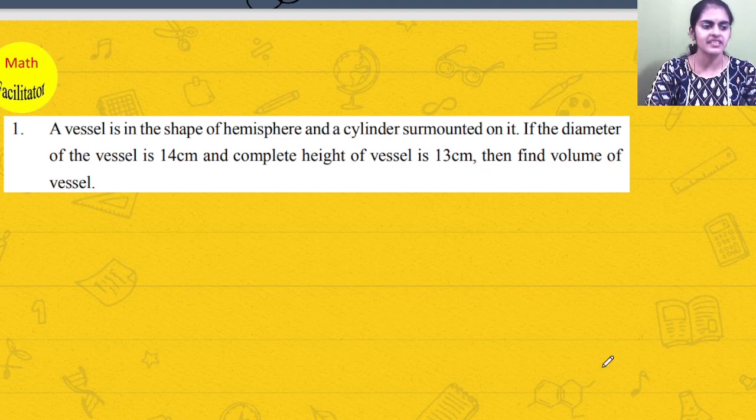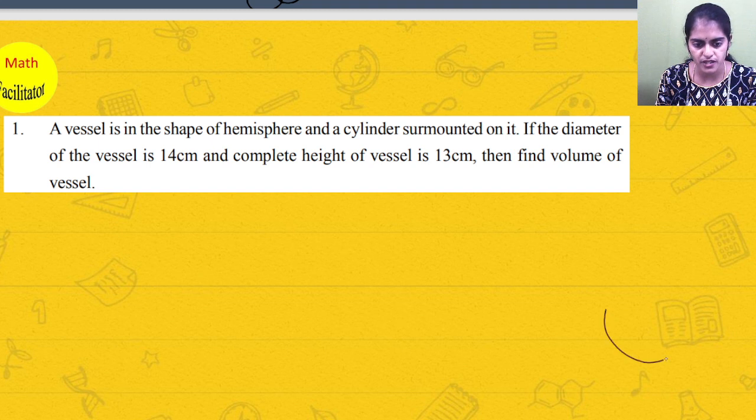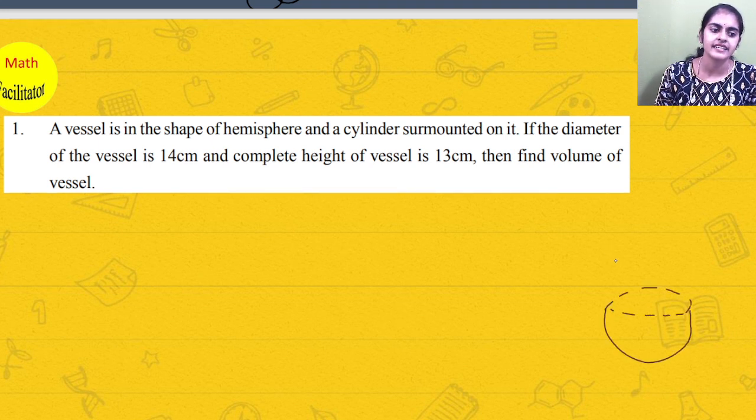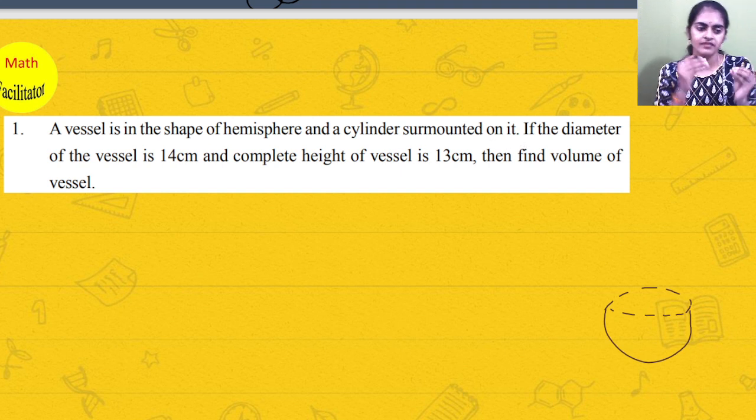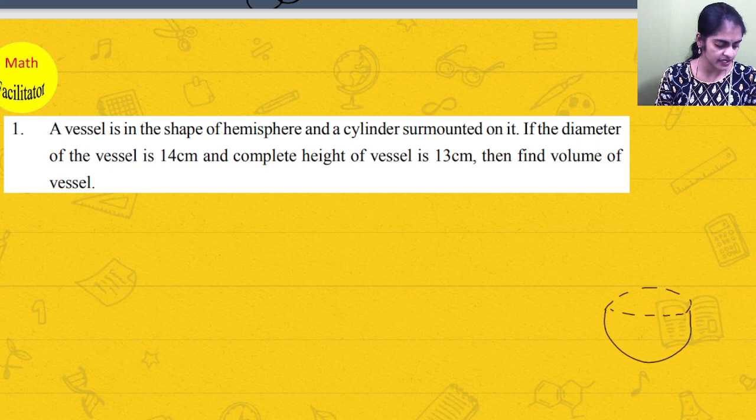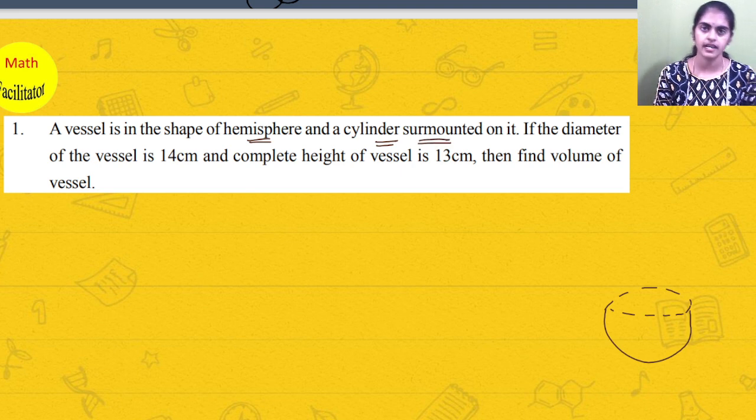A vessel is in the shape of a hemisphere, with a cylinder surmounted on it. You have a hemisphere-shaped vessel this way, and a cylinder mounted on it.